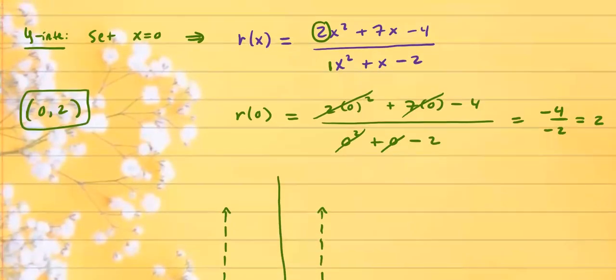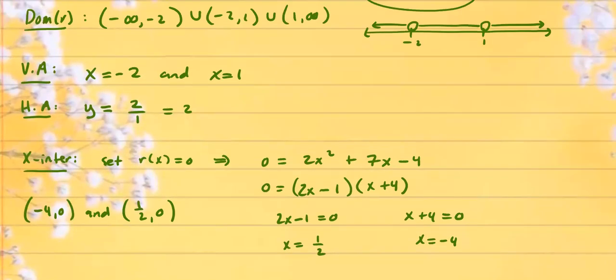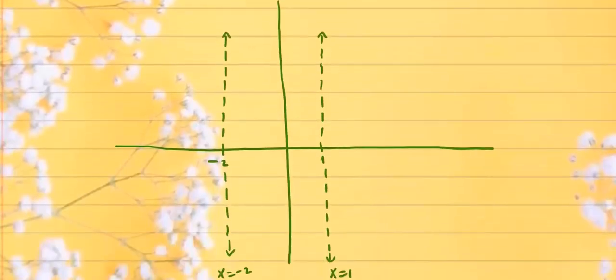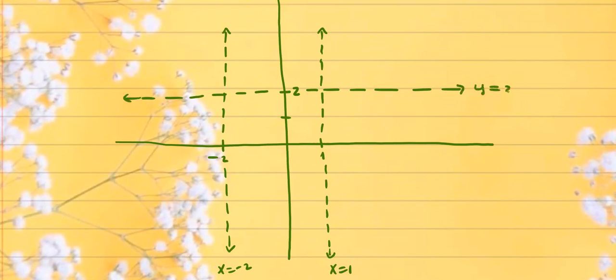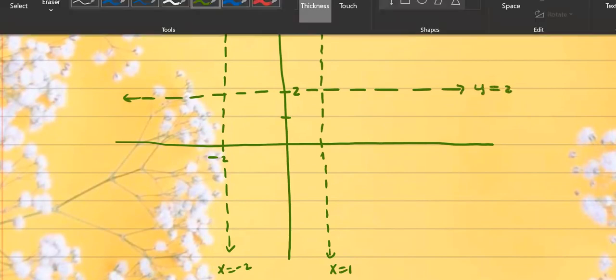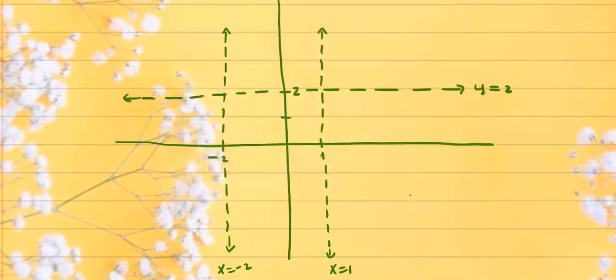Now, this function also happened to have a horizontal asymptote at y equals 2. Let's suppose this is y equals 2. So the horizontal asymptote will be a horizontal dotted line, something like this. And now you pretty much have 3 different separations of this plane.